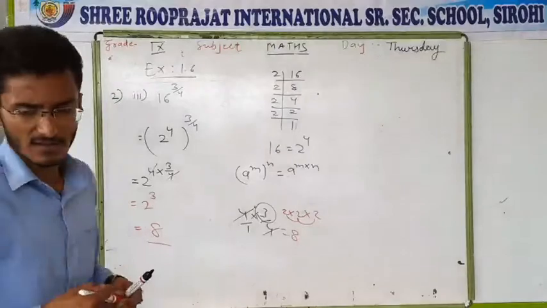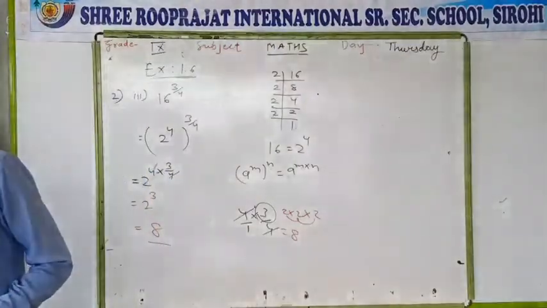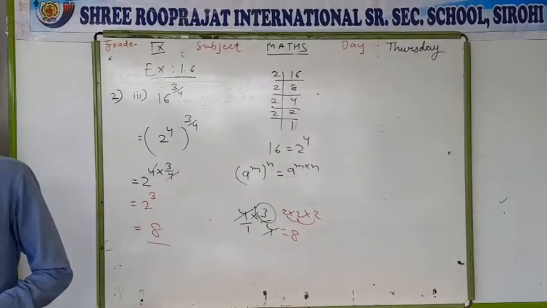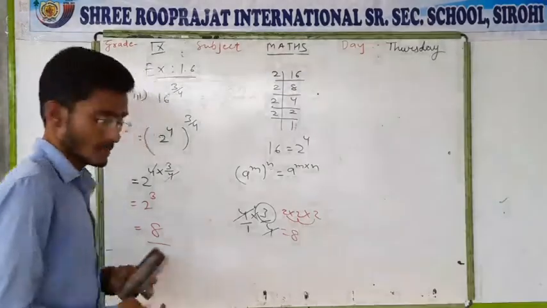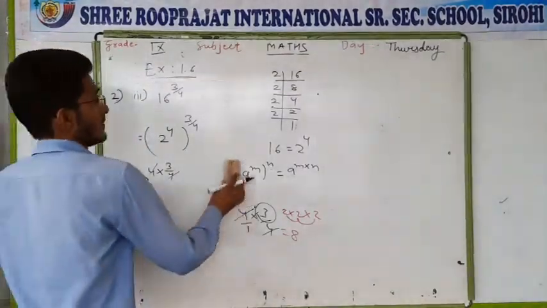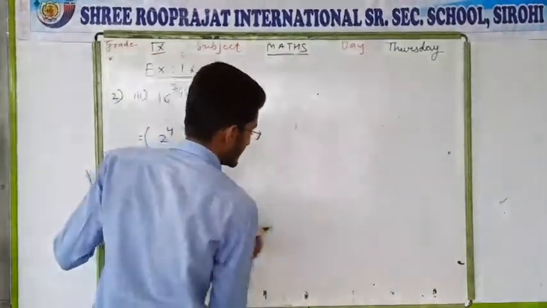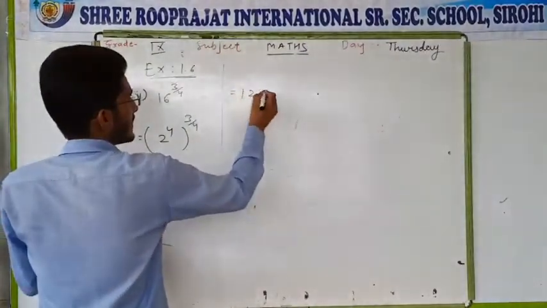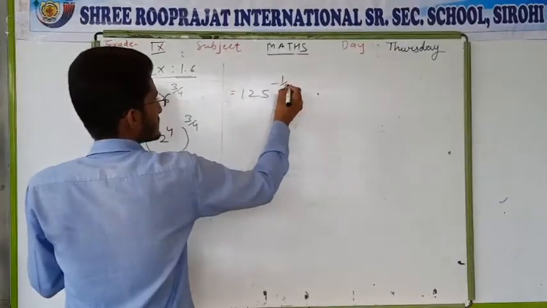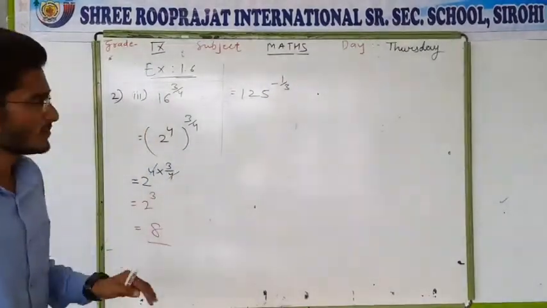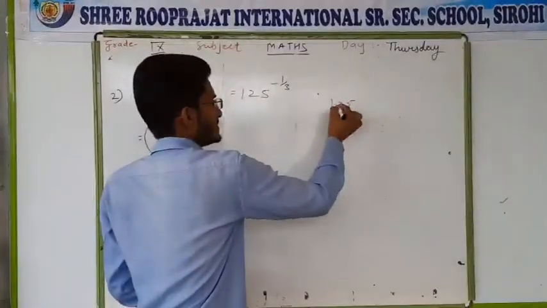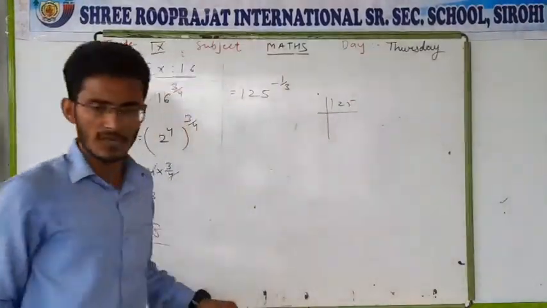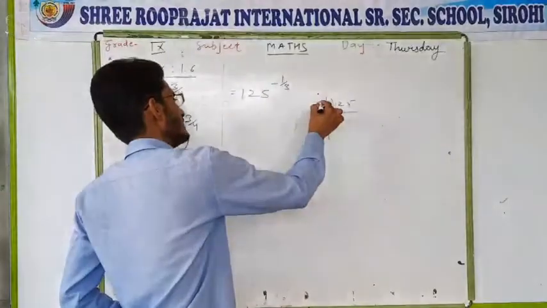Same like this one. Now the fourth one is given with a negative exponent: 125 to the power minus 1 by 3. First of all, again we will change the base into exponent form. 125 is not divisible by 2 or 3, so we will try with 5.